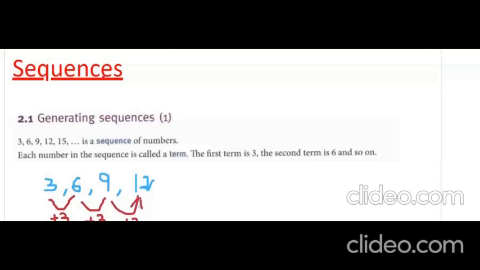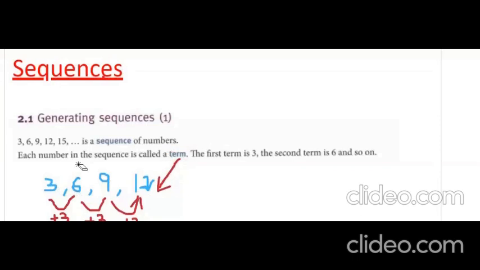So you can see that these are all the terms of the sequence. When you talk about one number separately, that is called a term. So 3 is a term, 6 is a term, like that. We can point out an individual number as a term.